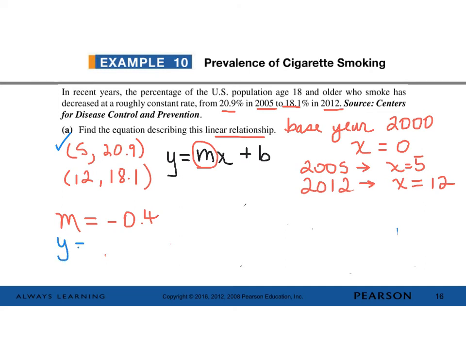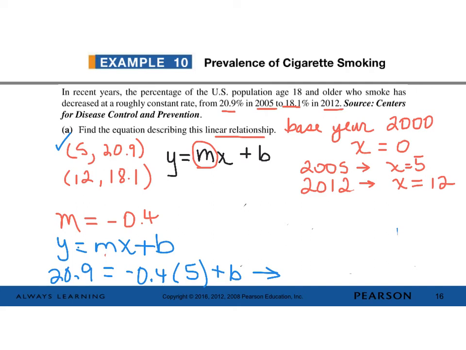And when we do our slope equation, y is equal to the slope times x plus b. Using the first point, y is 20.9, is equal to negative 0.4 times x, which is 5, plus b. And that leads us to 20.9 is equal to negative 2 plus b.